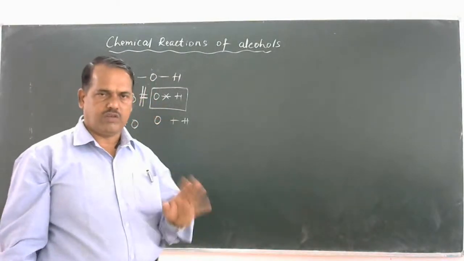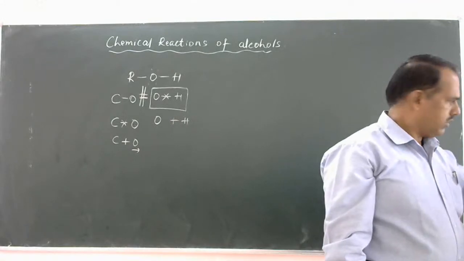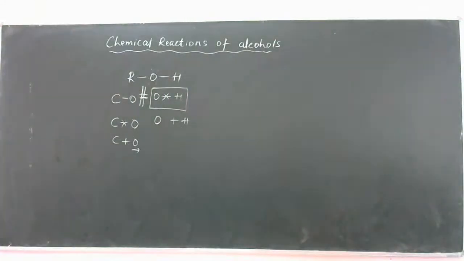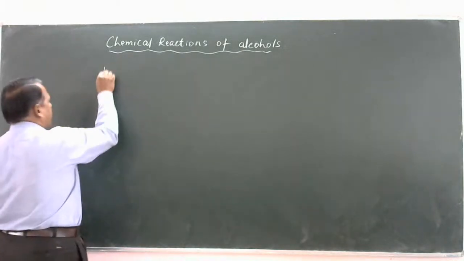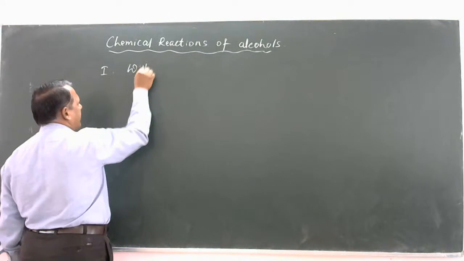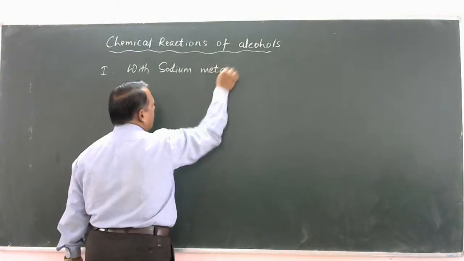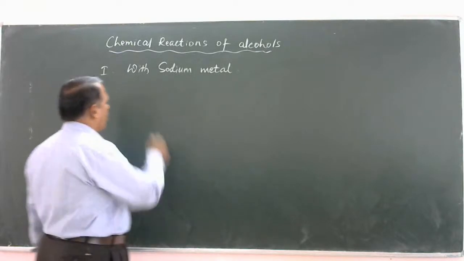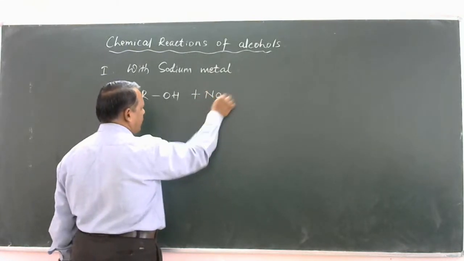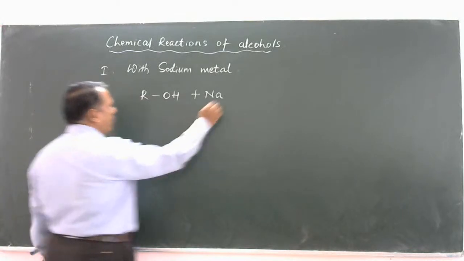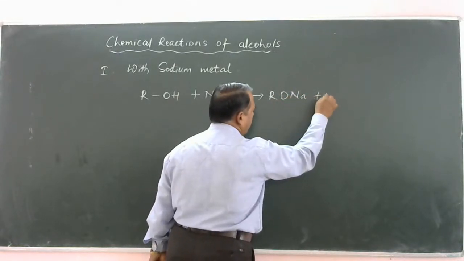Are you clear? Okay, we shall study the chemical reactions of alcohols with metals. When alcohol reacts with sodium metal, first one, ROH reacts with sodium and we get RONa plus hydrogen gas.